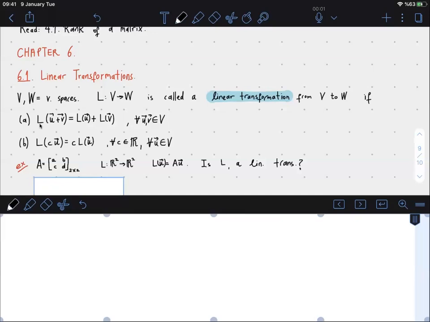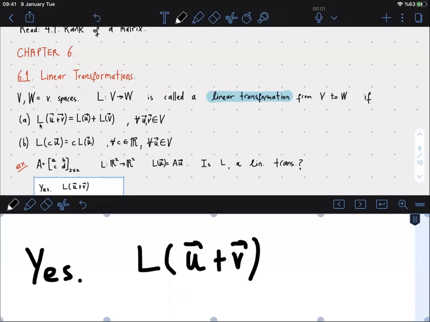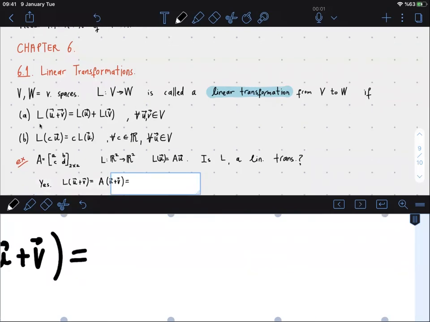Okay, so the answer will be yes. So why is it yes? Let's check it. Let's first write this L(U plus V). So what is L(U plus V)? L(U plus V) is A multiplied by the vector U plus V. But for matrices, I know that I can separate this into AU plus AV, right?